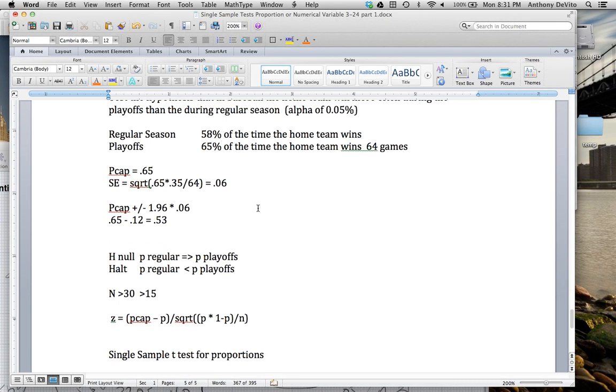And the upper range is 0.65 plus 0.12, which is equal to 0.77. So my range for my true population proportion for playoff games is 0.53 to 0.77.